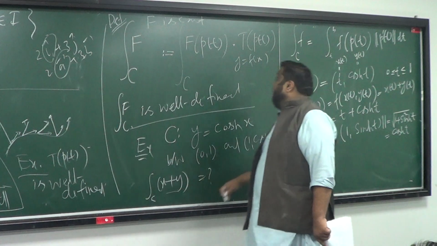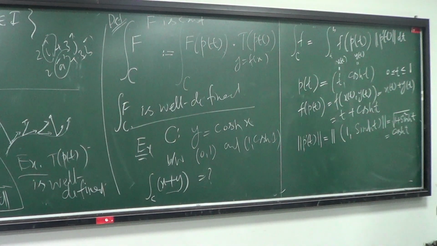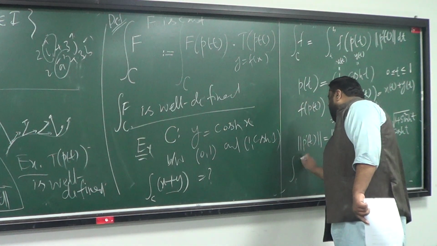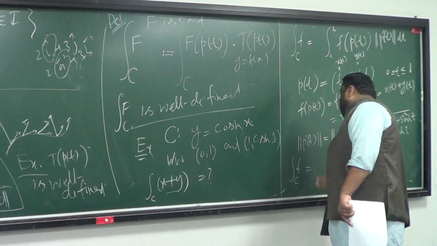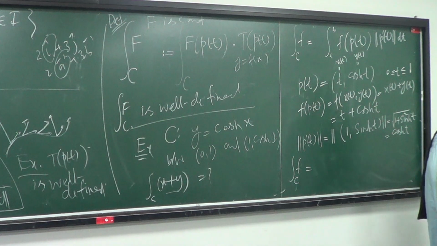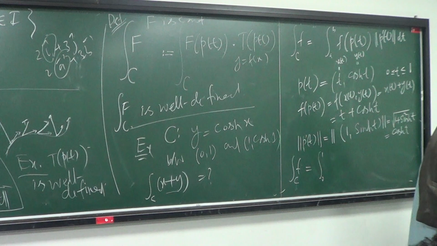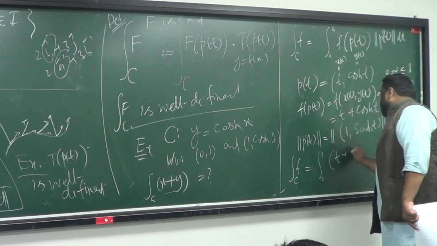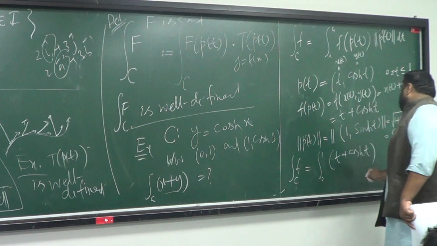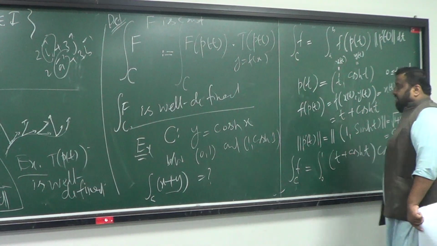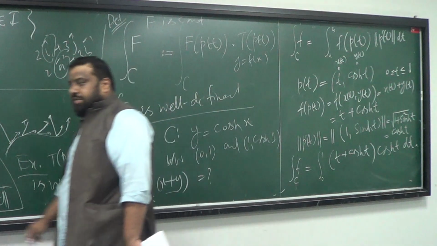So what I would like to do now? Everything is right in front of me. So it's now peanuts to compute this integral of f over this entire c. So it's going to be, you take 0 to 1, f of p of t is t plus cos hyperbolic t multiplied by cos hyperbolic t and dt, and you know how to compute it.